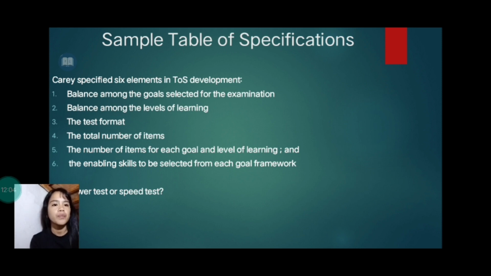You have to specify, you have to make clear, the assessments you make should be accurate.